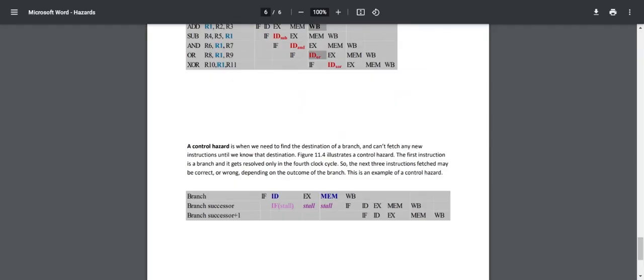Now, suppose you have fetched this if instruction inside the CPU for execution. In the next clock cycle, this if instruction goes to the decode segment. That is fine. Now, you cannot fetch any new instruction inside the CPU.